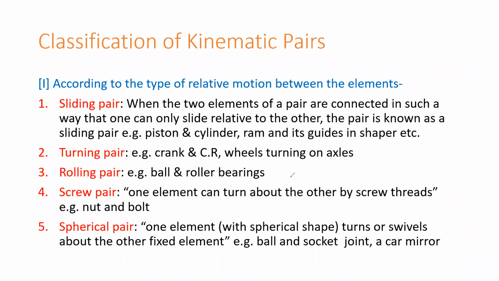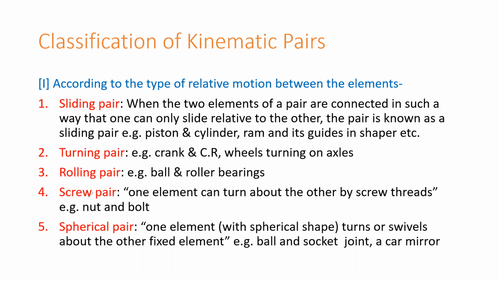So here the rolling pair will be formed between the wheel and road. Wheel and road surface are in contact, right? So wheel and road surface will make a rolling pair, and the wheel which is turning on the axle will form a turning pair.